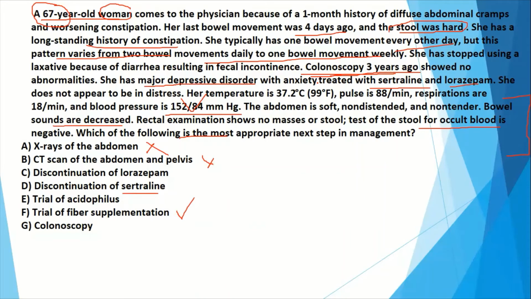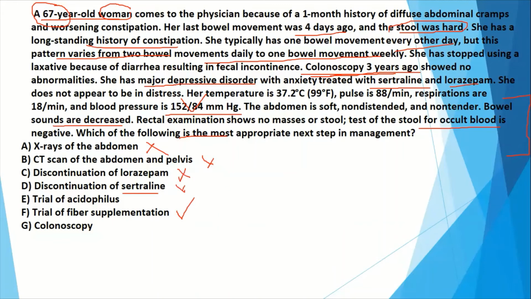And there is a separate criteria. I'm not going into that detail, how and when to discontinue the antidepressants and anxiolytic drugs. The key here is that you are not going to discontinue the drugs all of a sudden. You must taper off these drugs. So these are the wrong option.